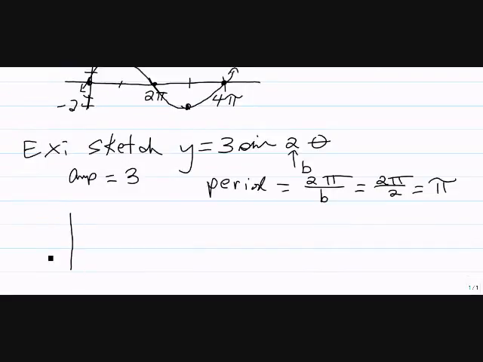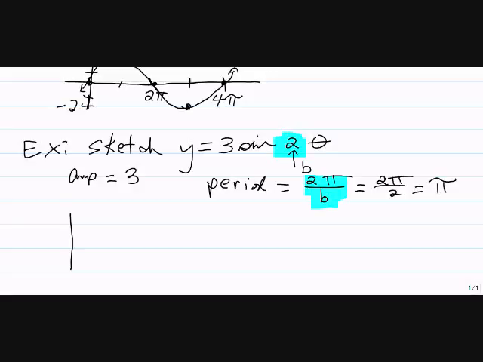Period is the horizontal length of one full cycle. So it starts at the horizontal, it goes up, it goes back down to the horizontal, it goes down to its minimum, back up to the horizontal. That's one full cycle of sine. I take this b number, and I take 2 pi divided by that number to tell me how big the period is.